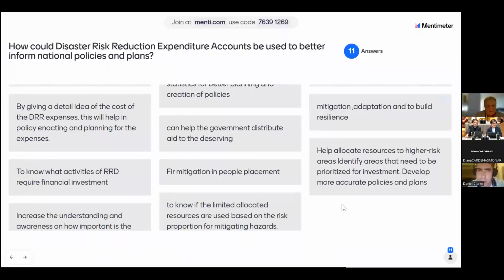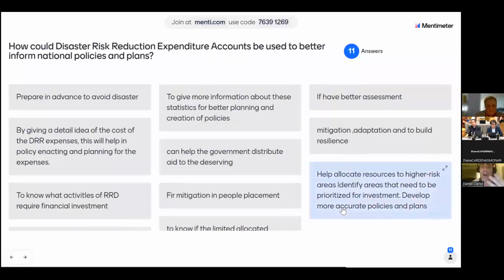And that's what I was trying to say in my opening as well: in order to do DRR more effectively, we need to measure it, because that becomes the context for understanding the impacts when a disaster does occur, or for comparing different policies across countries. And of course, expenditure is one of the key comparable ways that we can measure an activity. So I think a lot of these comments are along that line, basically assessing, analyzing.